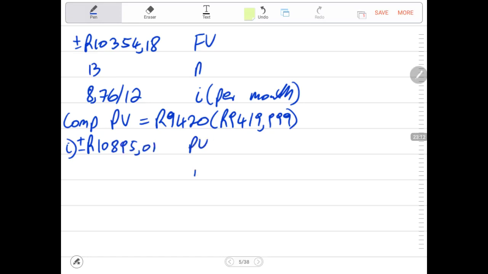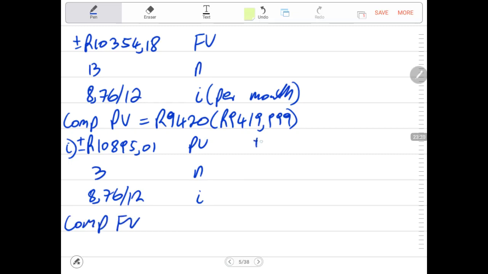My N is 3, which is 21, 22, 23. And my I is equal to 8.76 divided by 12. Then I compute my future value, which is the future value at the end of month 23.